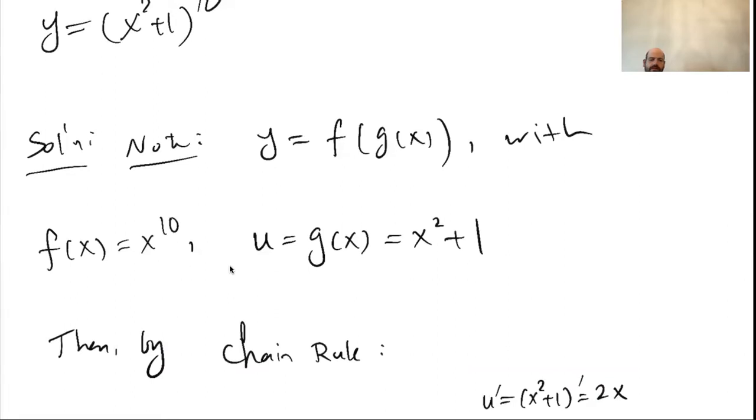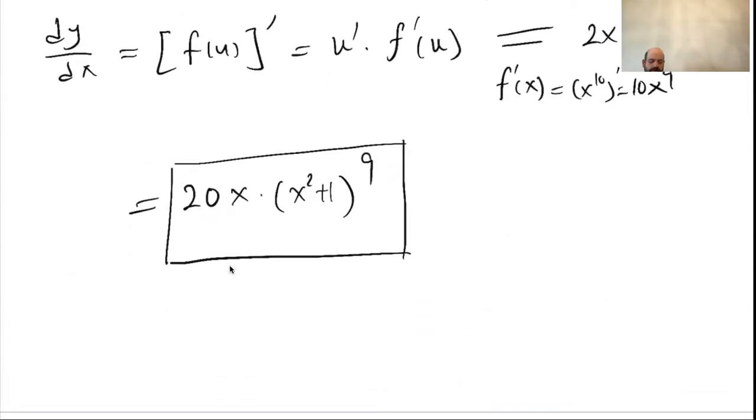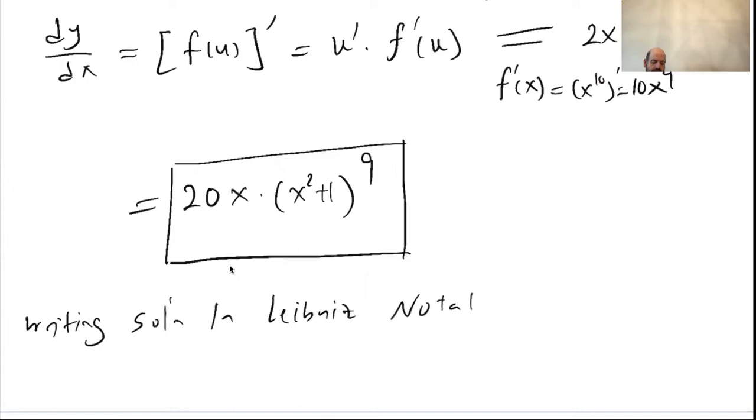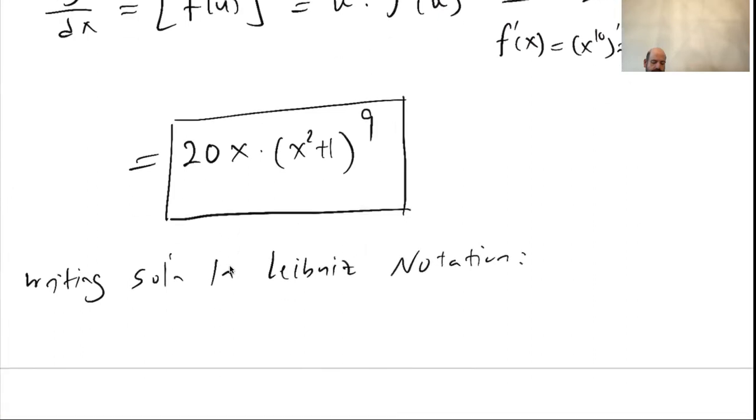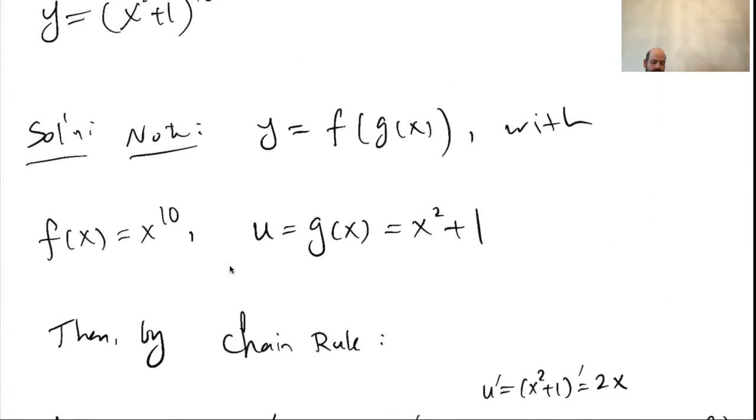Okay, but before that, I can also write the solution. If you want to write the solution in the Leibniz notation, let me also tell you how you can do it. So writing the solution in Leibniz notation. So see, y is equal to, what is y here?